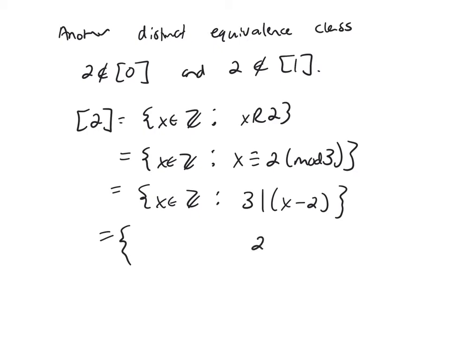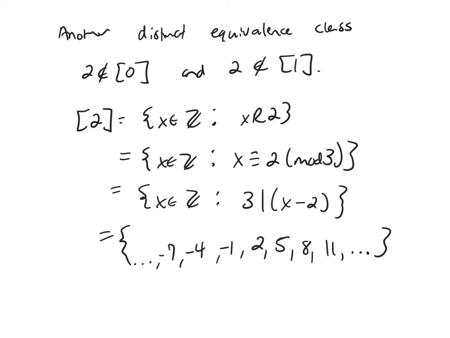Well, if x is 2, then 3 divides 0. If x is 5, 3 divides 3, then 8, 11, and so forth. And we also have negative numbers going down, so -1, -4, -7, going down.